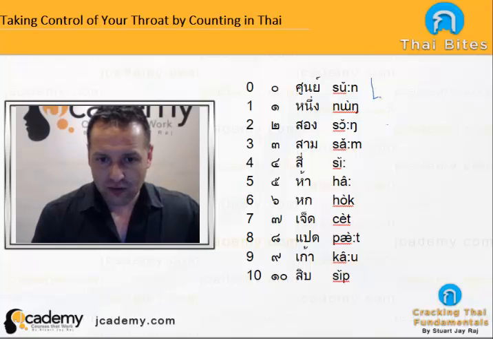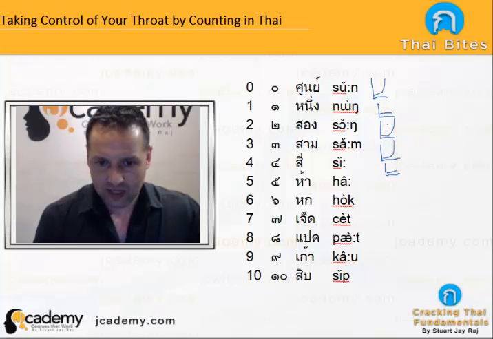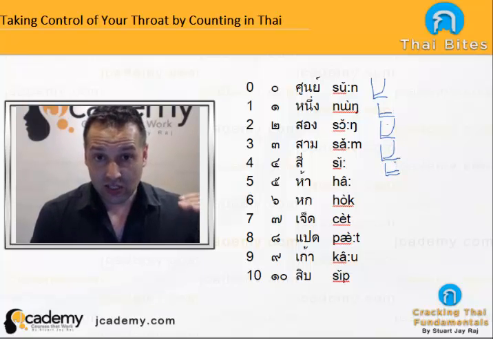So we have sǒon, starts low and gets higher. Nɯ̀ng, it's low and stays low. Sǒng starts low and goes higher. Sǎam, low and goes higher. Sìi starts low and stays low.